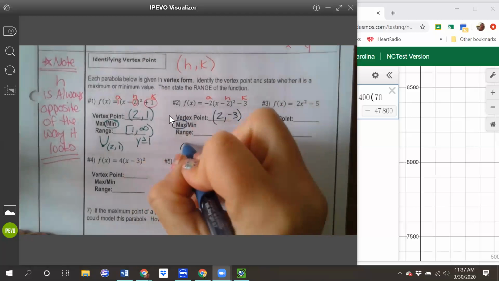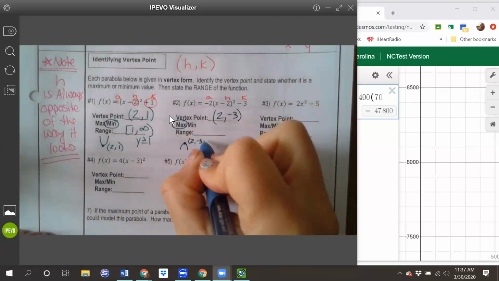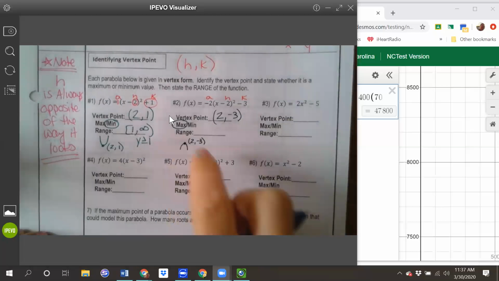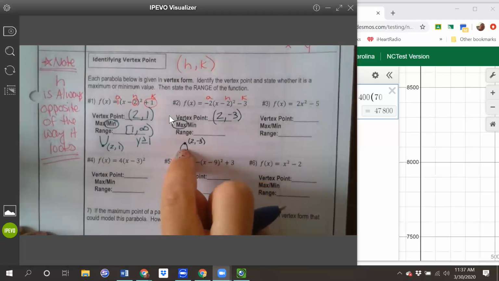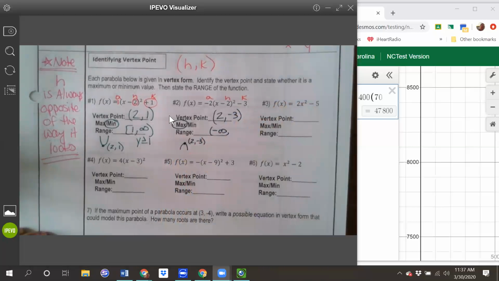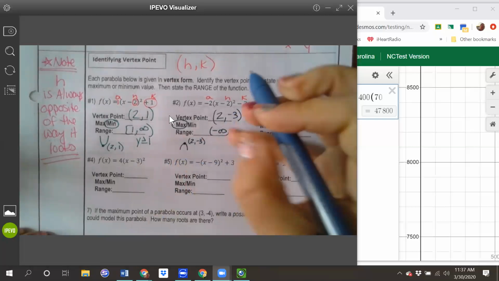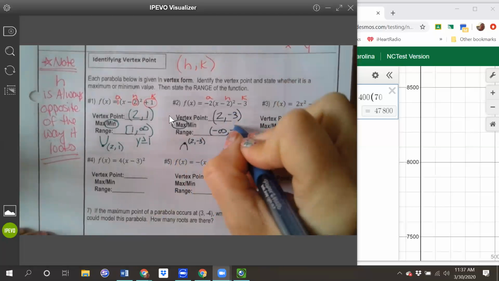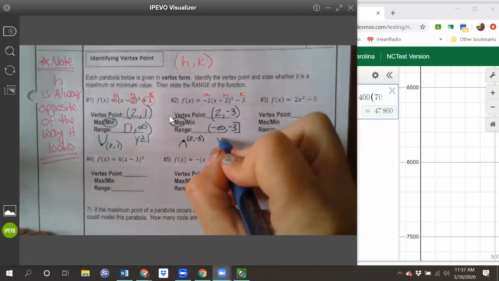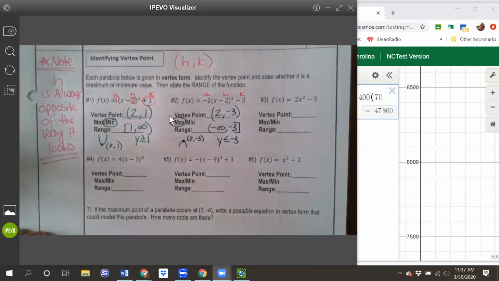So it's going to be a frown, and that maximum value is going to be at 2 comma negative 3. So the range, starting at the bottom, this frown is going to go down forever, negative infinity, and it's going to come all the way up to its maximum point located at negative 3. So y's have to be less than or equal to negative 3.